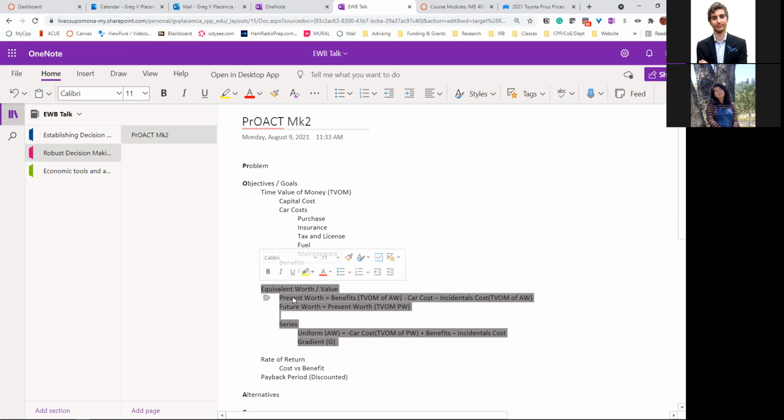But the point is that when you look at all those values, you can make an estimate of either the present worth or a uniform series and figure out whether the result is even positive or not. Because if you find that it's negative versus what they're doing now, maybe you want to reconsider how you do it.